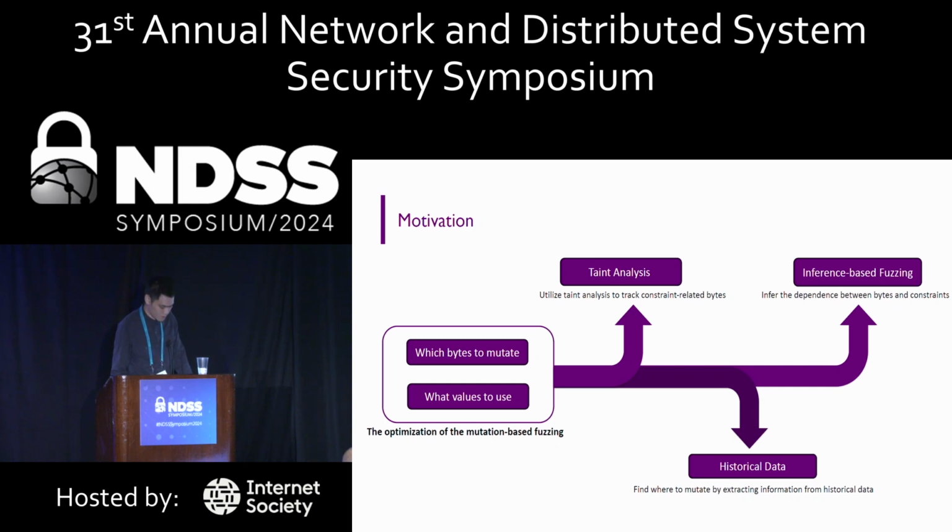The first approach uses taint analysis to track the bytes that are related to the conditions. The second approach indirectly determines the relationship between bytes and the conditions. And the third approach analyzes historical data to determine where mutations should happen. These solutions provide ways to decide how and where to mutate inputs.